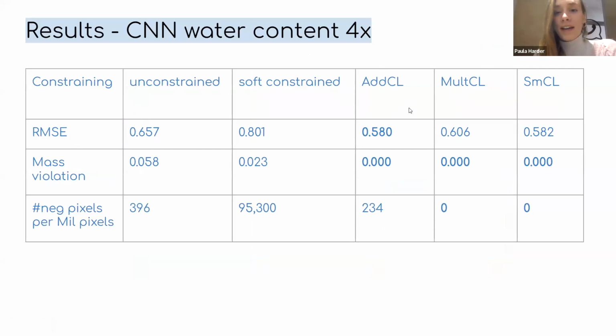We can see that the root mean squared error gets significantly lower by applying hard constraints, which is nice to see, and also a bit surprising, because the main goal is to have this mass violation at 0, which it does. But as a side effect, because I guess we're making the learning task easier, we also get better root mean squared error. Whereas the soft constraining makes the root mean squared error worse, and it decreases the mass violation. So like I said, we have a kind of trade-off there. It also increases the amount of negative pixels by a large amount.